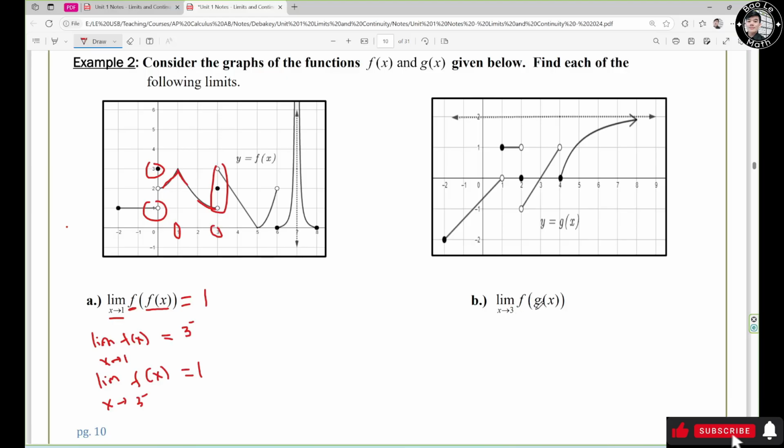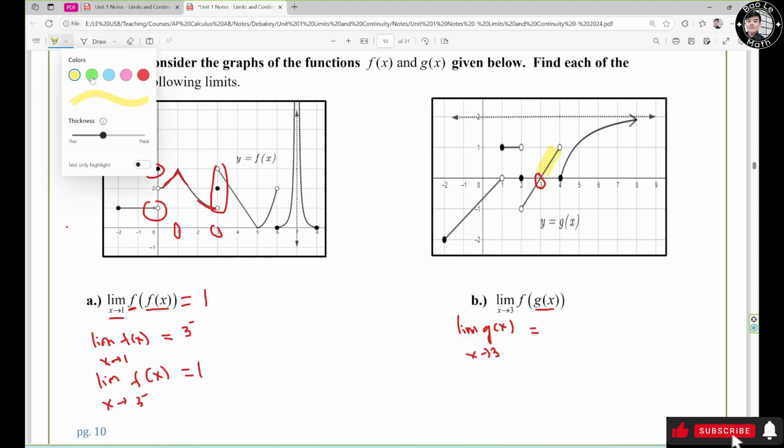We need to calculate the limit of the inner function first, right? So the limit of g of s when s approaches 3 is going to be right here. Right at s equals 3, you see that the upper half is going to be this guy, and the lower half should be this guy.